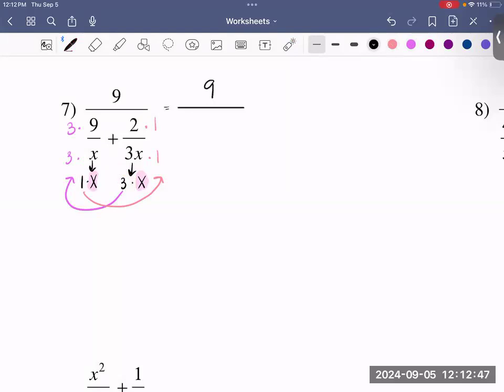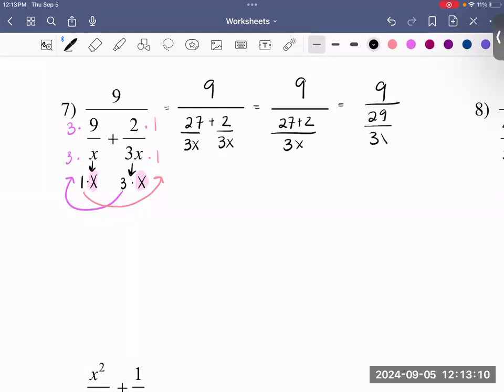You do 9. So 3 times 9 is 27 plus 2 over your common denominator of 3x. Because they're the same, you can now go ahead and combine them. Again, you don't have to write that middle step over there. Instead, you can jump right to that step here. 9 over 29 over 3x.